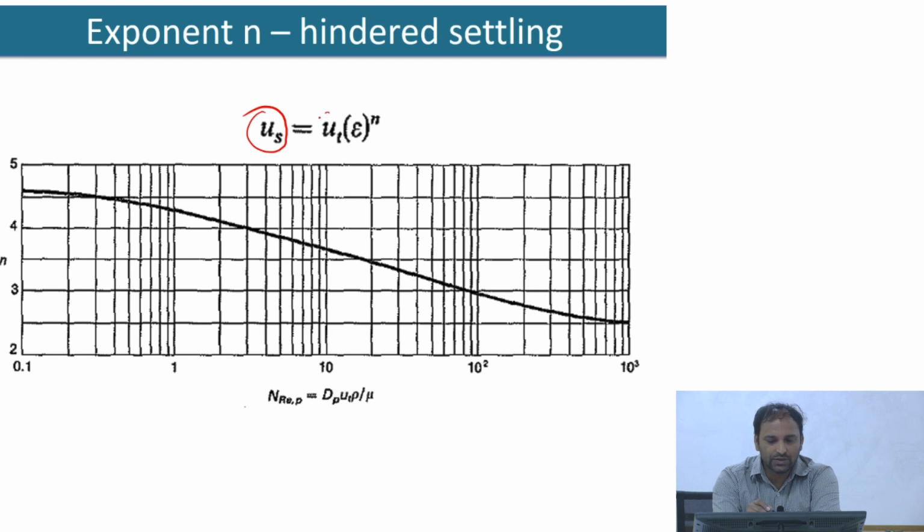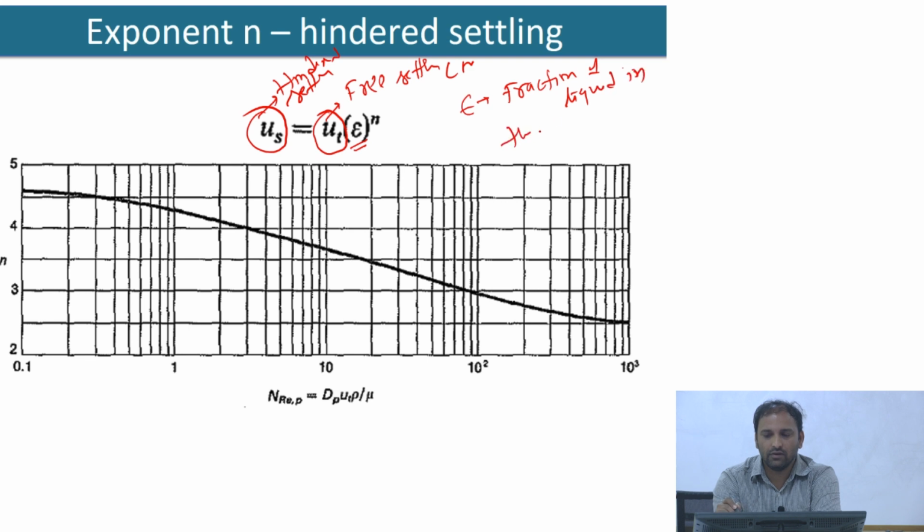It goes as the settling velocity of the single particle, that is under free settling condition, multiplied by a function of epsilon, which is the fraction of liquid in the suspension or slurry, and n is an exponent that depends on the flow regime that people work with.